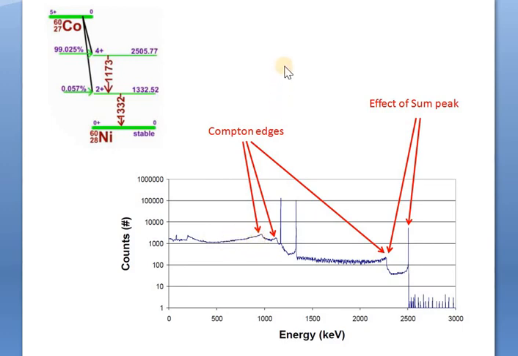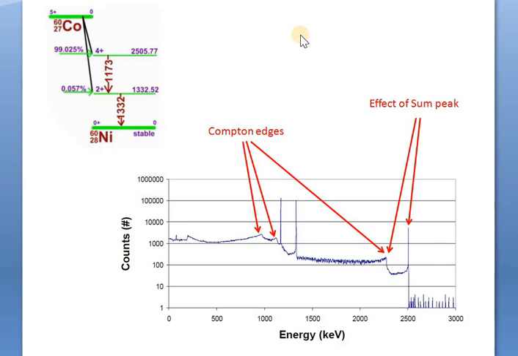Now something more is there as well. If we put the source, I'm talking about the cobalt-60 source right now, very close to the detector, then there is a possibility that two different gamma rays, say 1173 and 1332, from two different nuclei, enter the detector at the same time. The detector doesn't know that they have different origins.